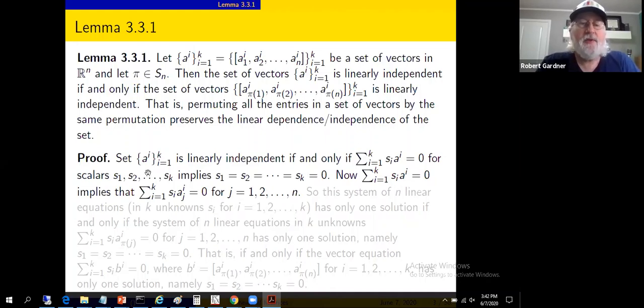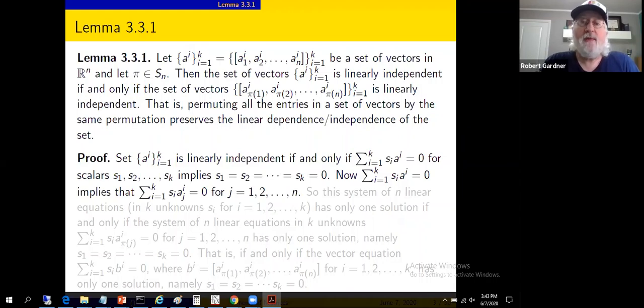All right, so take those vectors, a^i for i equals 1 to k. This collection of vectors is linearly independent if and only if, when we have a sum from i equals 1 to k of s_i a^i equal to 0 for scalars s_1 through s_k, this must imply that all those scalars are 0. All right.